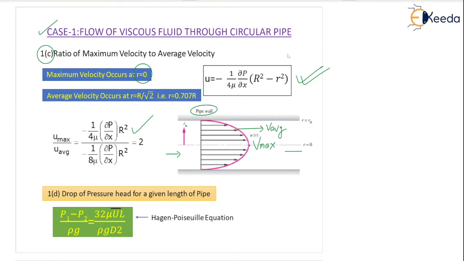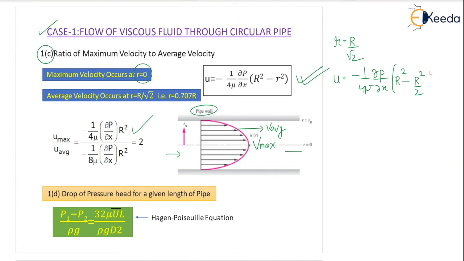Look at the numerator, exactly the same. For U average, put r equal to R by root 2. If you put r equal to R by root 2, what will you get? Minus 1 by 4 mu dou p by dou x, R square minus r square, where r square is R by root 2 whole square, so R square by 2.